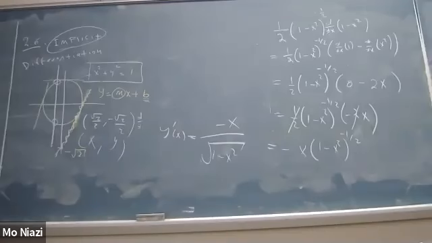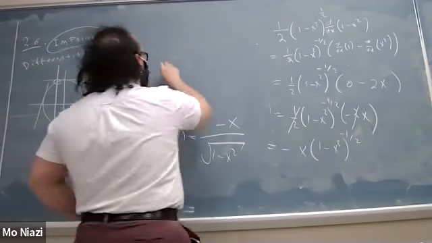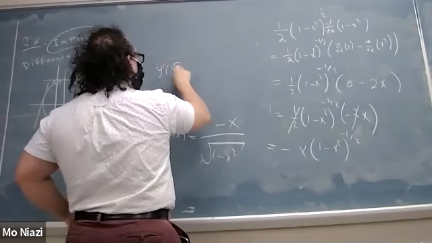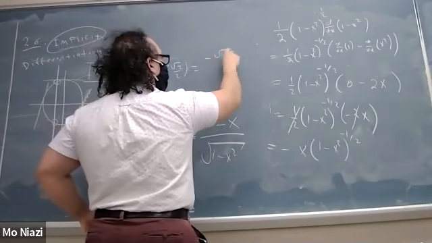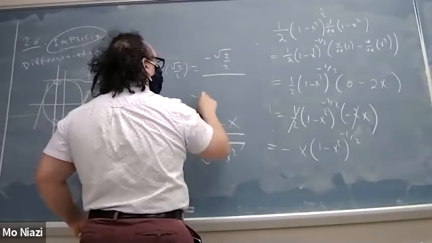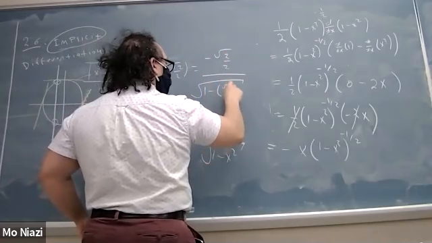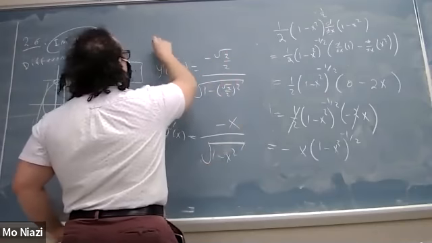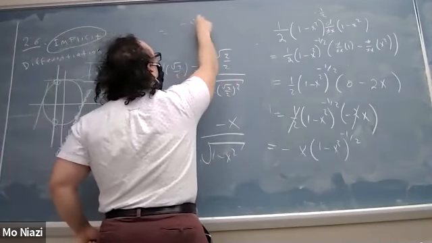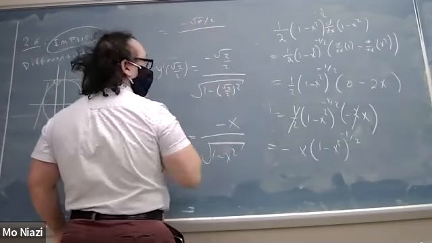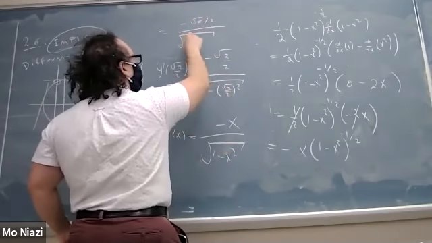Let's see if it works. If we plug in square root of 2 over 2, will we get a 1 again, just like here? Well, y prime of root 2 over 2 is equal to negative root 2 over 2 divided by the square root of 1 minus root 2 over 2 squared. But that's equal to negative root 2 over 2 divided by the square root of 1 minus the square.